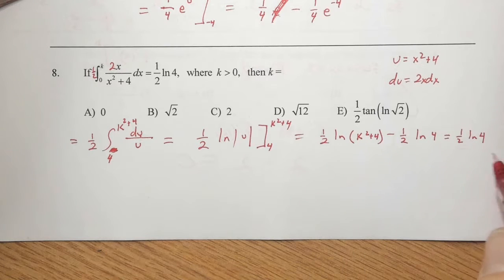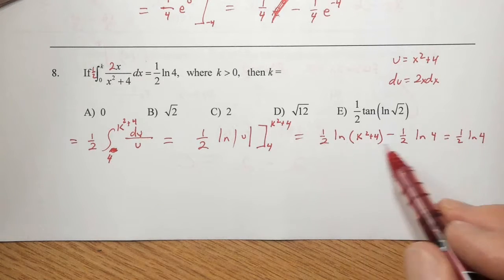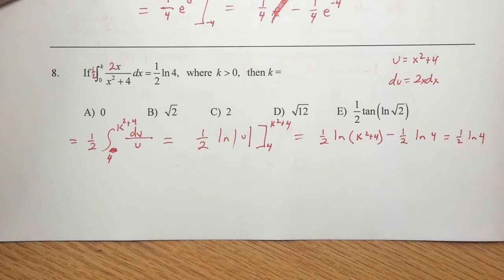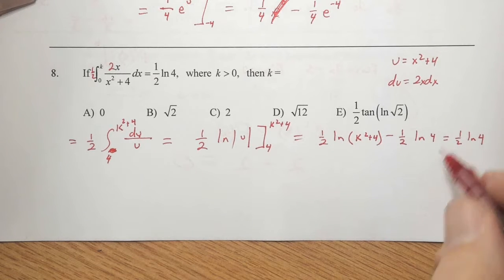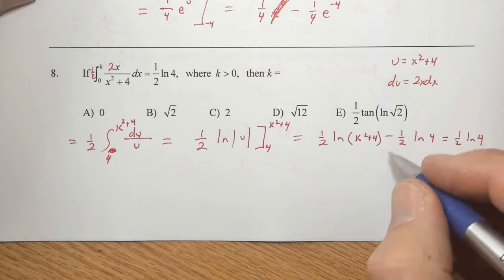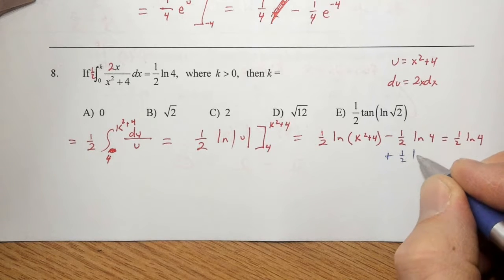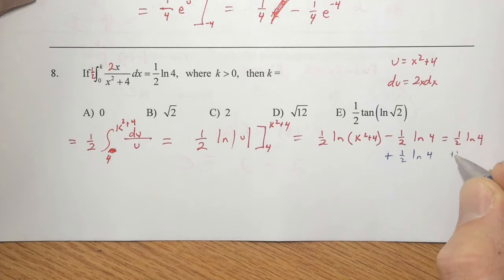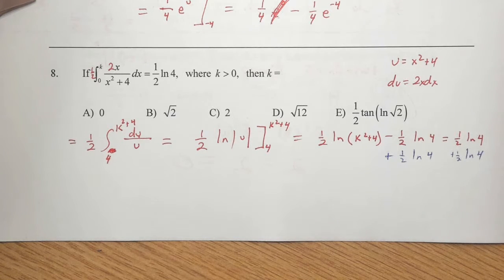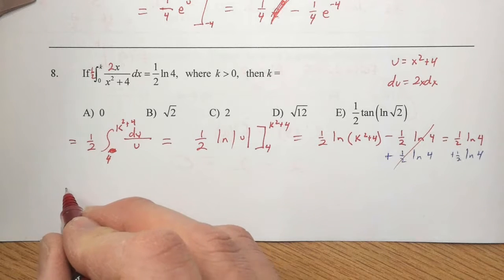So now we have an equation. We're going to solve that for k. We see a half, a half, a half. Let's change that up. Let's add half ln 4 to both sides. We know that 2 halves ln 4, that's just going to be a regular natural log of 4. So those wipe out. And move back over here.